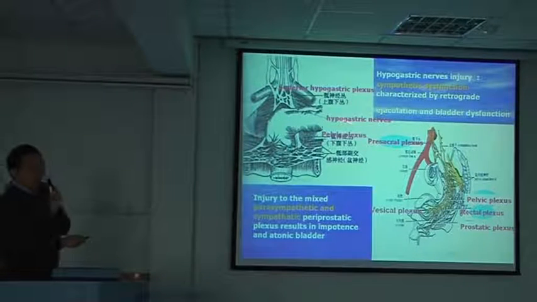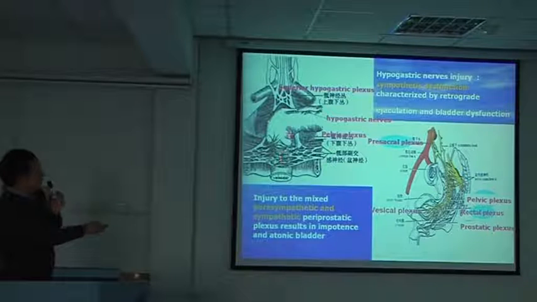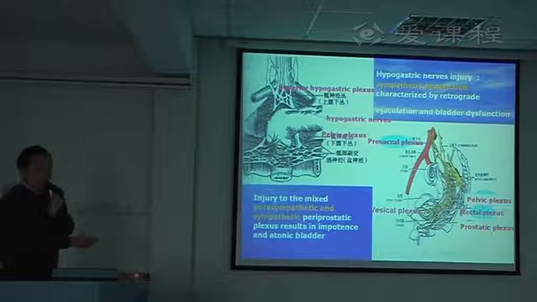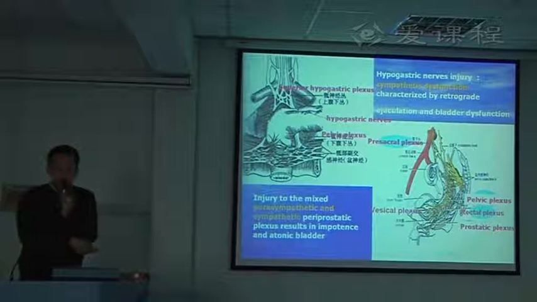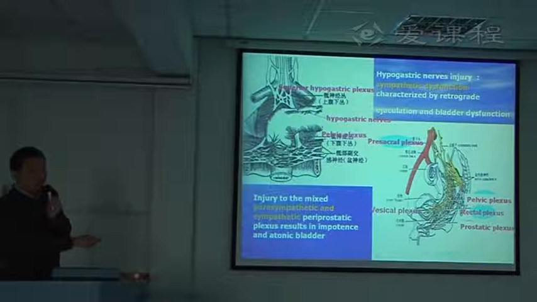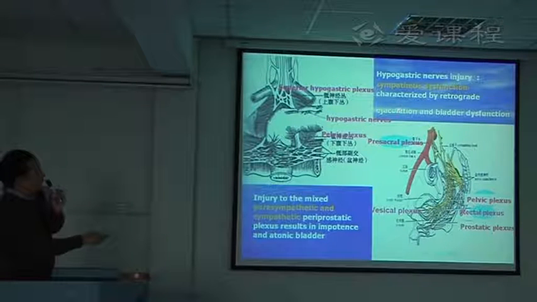This is a little bit complicated, I think. So these are the nerves. The rectum is a special part of this area because of a very important nerve which affects ejaculation and bladder function.